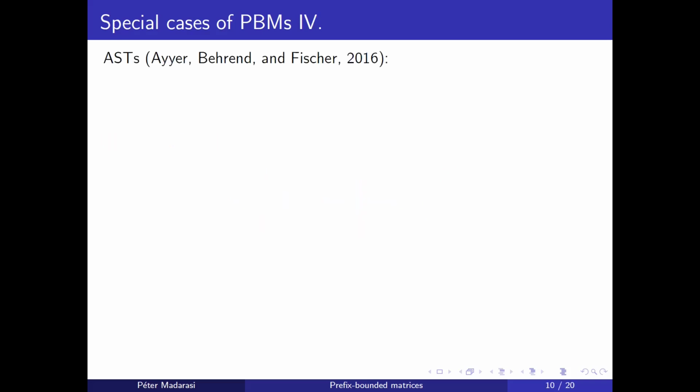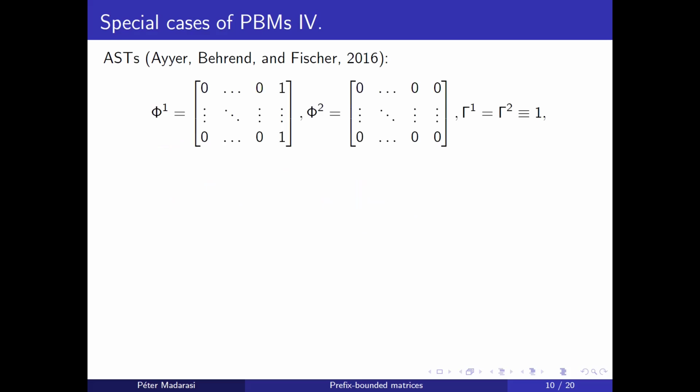Alternating sign triangles, that were already mentioned in the talk of Fischer on Wednesday, correspond to exactly PBMs for these bounds, except that their shape does not quite fit.